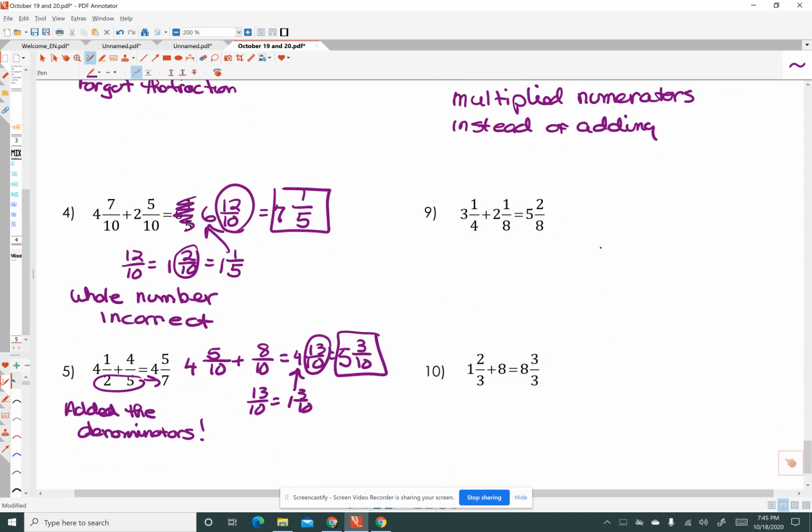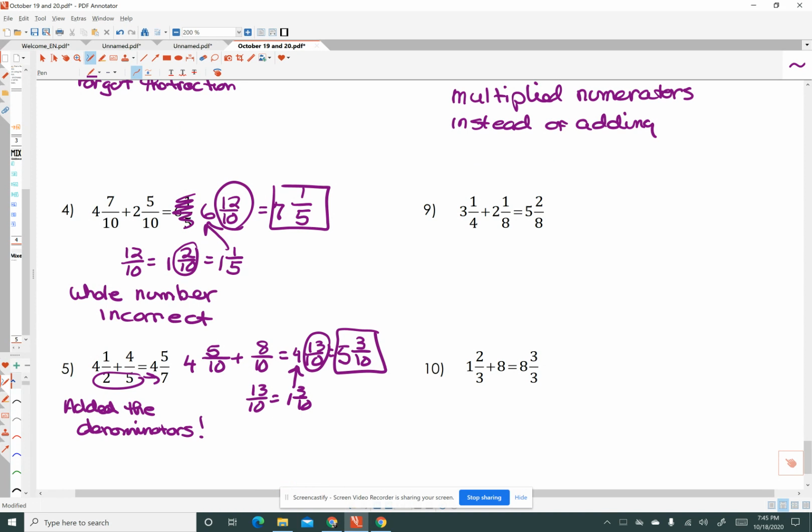And number 9, almost done. And see, we have 3 1/4 plus 2 1/8. So we should have a denominator of eighths, but this numerator should be rewritten.